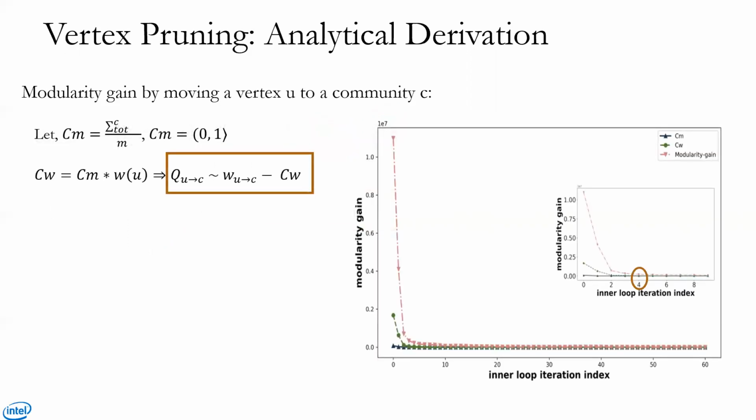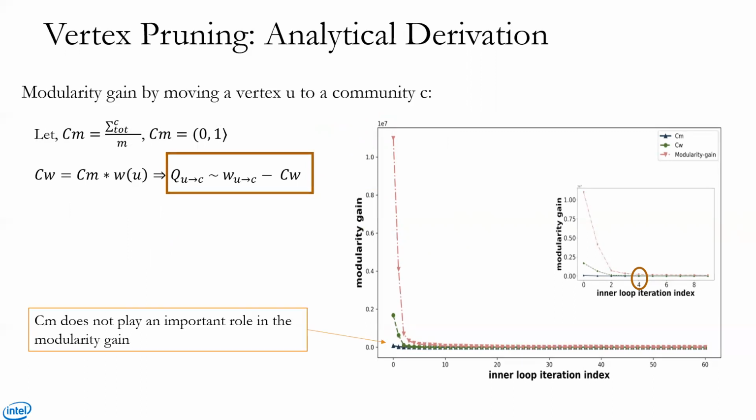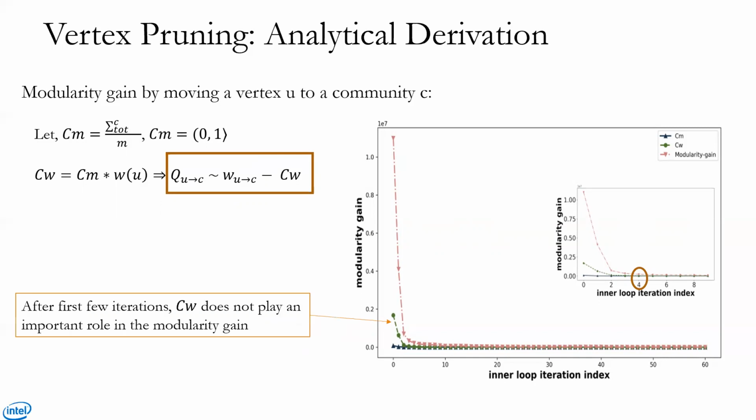We analyzed the influence of these terms in the modularity gain as the number of inner loop iterations changes, as shown in this figure. The graph shows that Cm does not play an important role in the modularity gain, as we expected. On the other hand, Cw does have some influence, but after the first few inner loop iterations, that influence also dies.